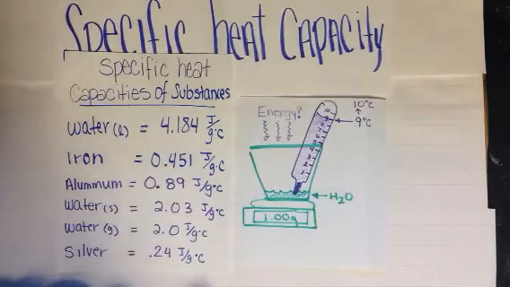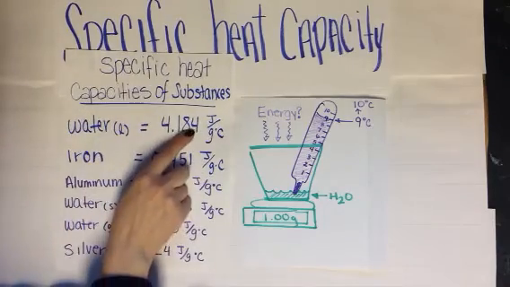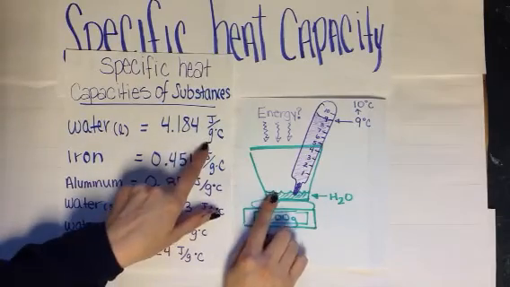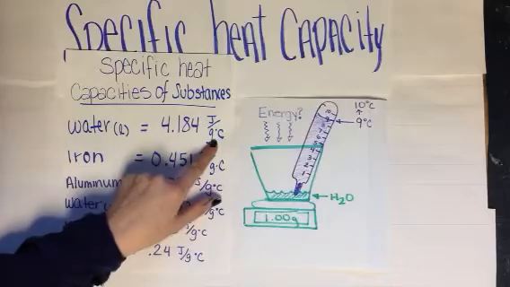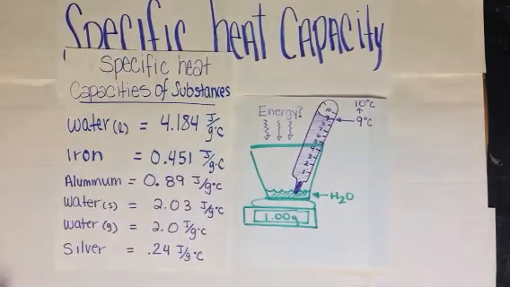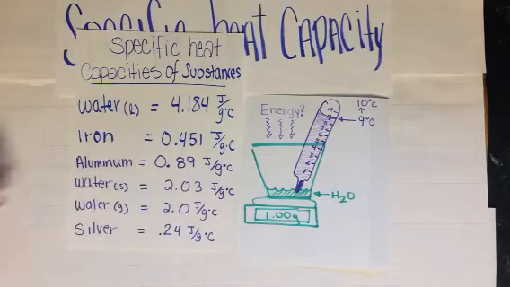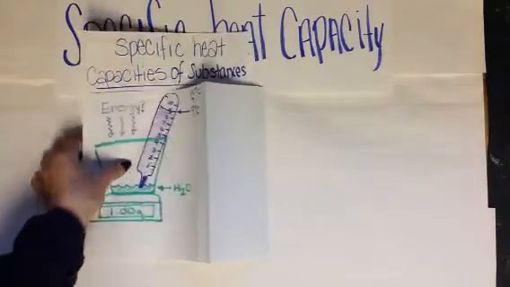Well, the answer is the specific heat capacity. Water needs 4.184 joules of energy going in to raise this 1 gram up 1 degree Celsius. And if you notice, water at different states of matter has different specific heat capacities. I've also listed some popular metals that we'll be working with.